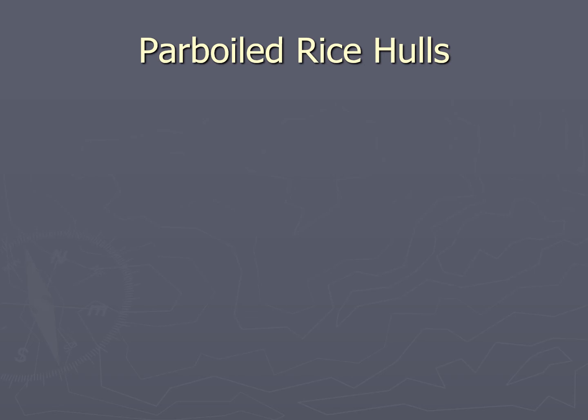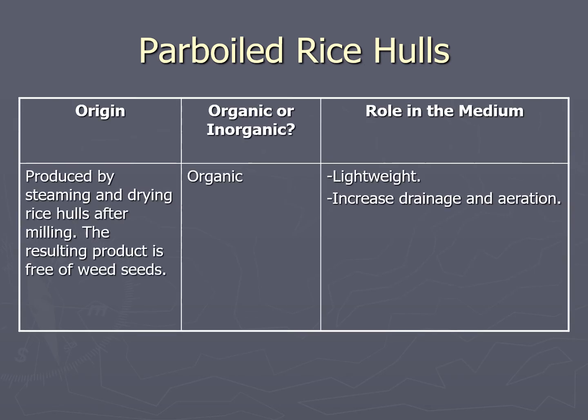Okay, parboiled rice hulls. These are produced by steaming and drying rice hulls after the milling process has occurred. The resulting product is free of weed seeds. Rice hulls are organic. They are lightweight, and their primary role in a container medium is to increase drainage and aeration.